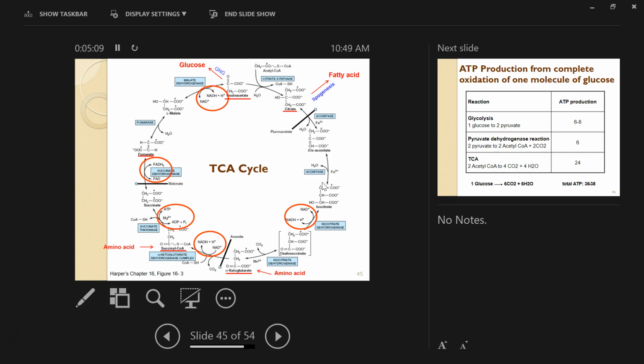For example, citrate, which is generated from acetyl-CoA and oxaloacetate, can leave the TCA cycle and enter the lipogenic pathways, which is lipid metabolism, right? And that is for the synthesis of fatty acids. So this is how glucose metabolism and amino acid metabolism can be connected to lipid metabolism, right?